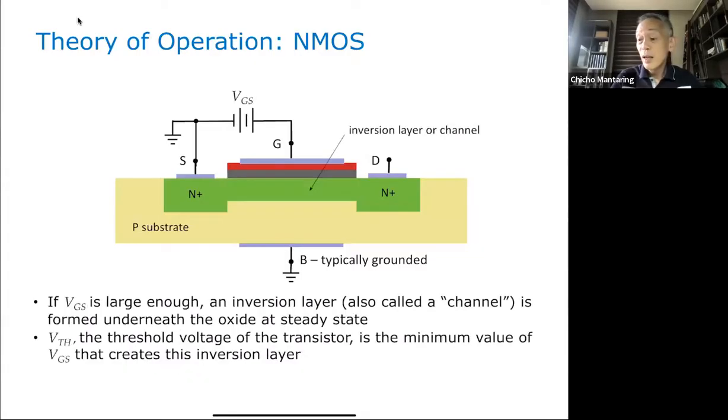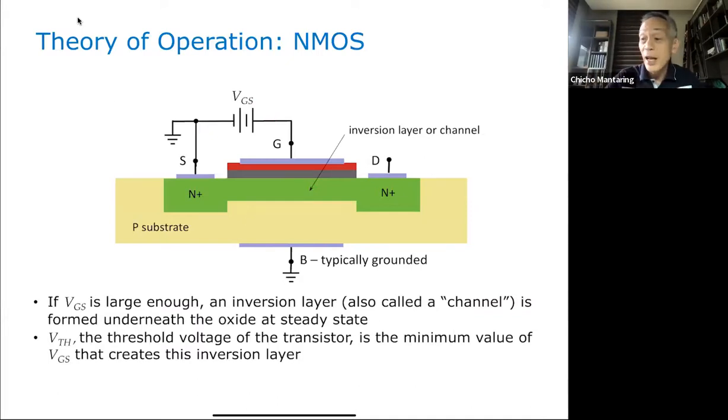If VGS is large enough, because the electrons were attracted to this area, it becomes an N-type. Previously it was P-type, but because many electrons went to it, first, they neutralize the positive carriers, and then, as more electrons come, it changes from being a P-type to an N-type.